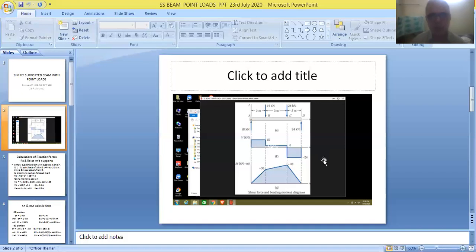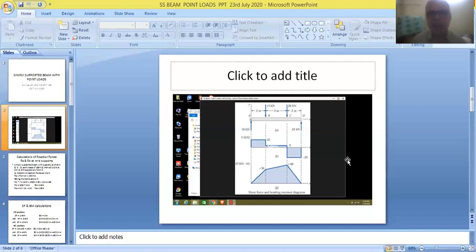These values can ultimately be used for construction of SF and BM diagrams. SF values can be used for construction of SF diagrams, and BM values for construction of BM diagrams.